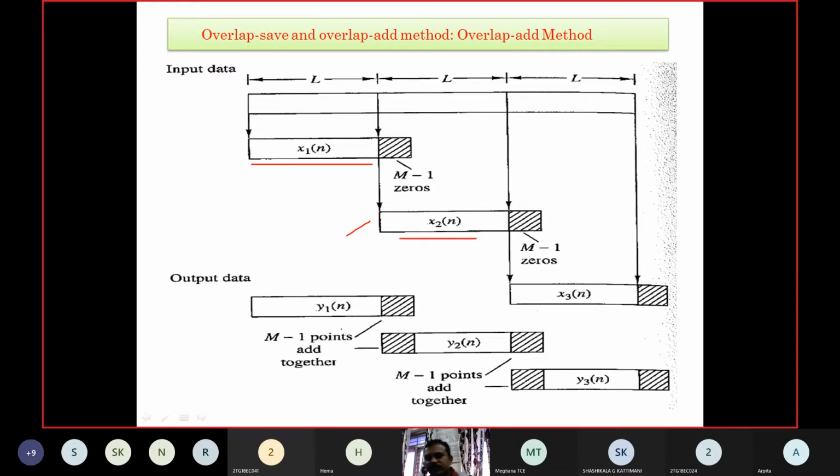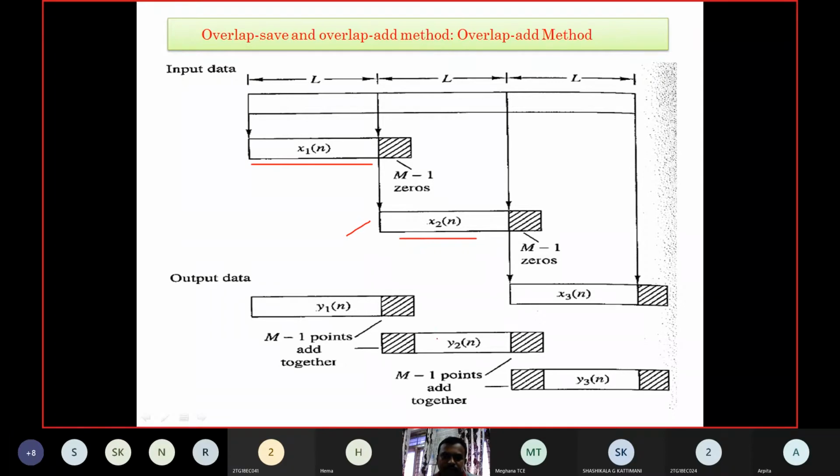The last M minus 1 bits from y1 are added with the first M minus 1 points of y2. That is, the first M minus 1 elements from the present block are added with the last M minus 1 points of the previous block.